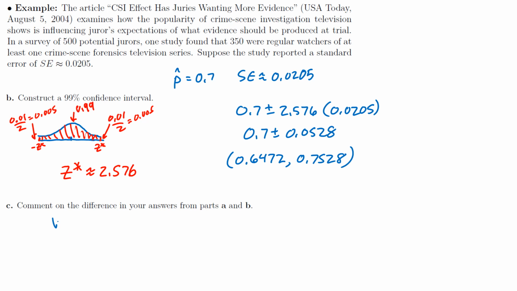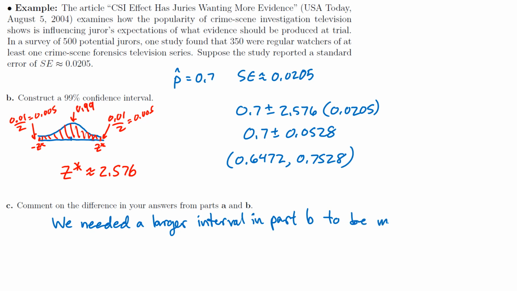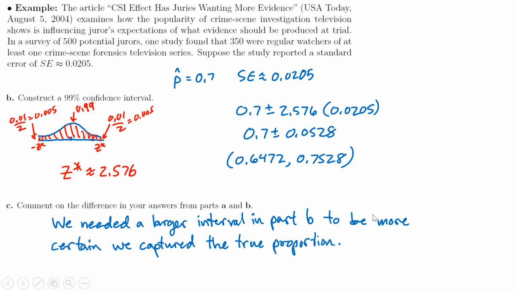So I might say it like this: we needed a larger interval in part B to be more certain we captured the true proportion. A good analogy that I like for this is, if you want to be more certain you catch a fish, then cast a wider net in order to be more certain that you actually catch a fish.